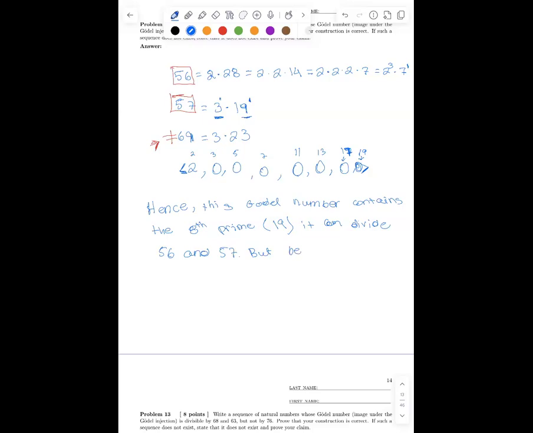But because the 9th prime is not included, and my 9th prime is 23, it cannot divide 69.